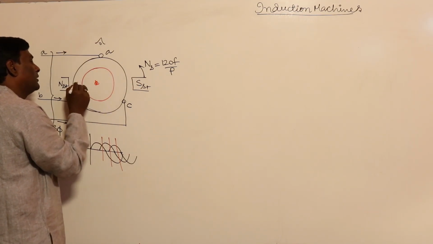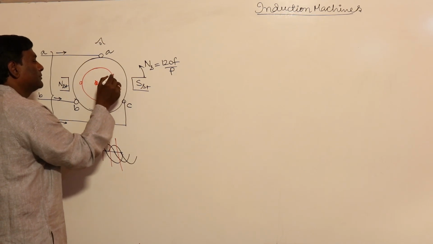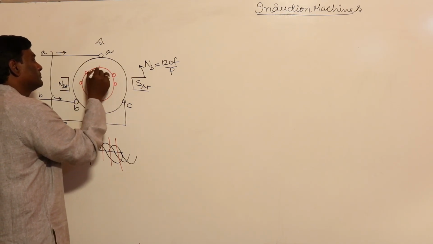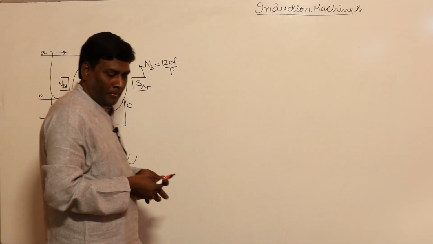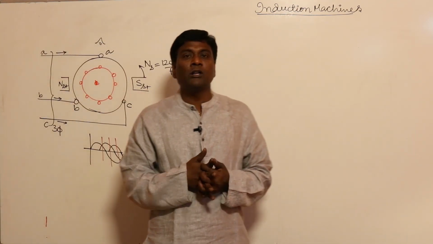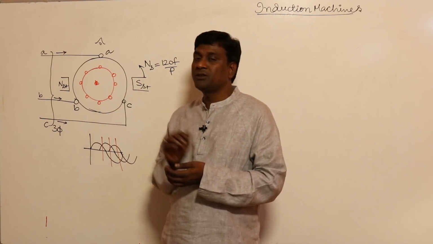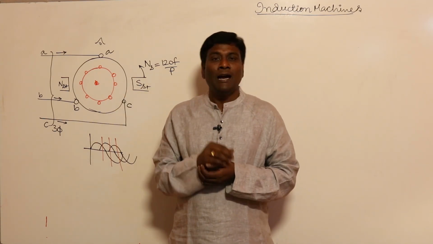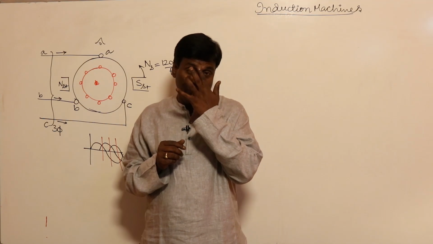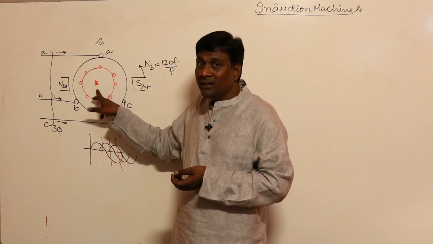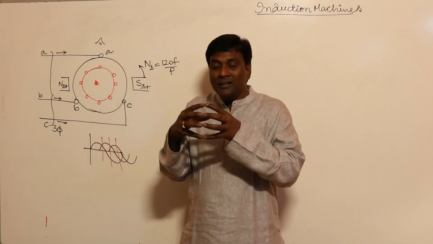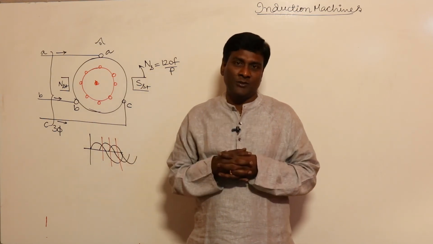In my rotor I am going to have many conductors. If the rotor winding is open circuited, though voltages are induced, currents will not flow. Currents will flow when rotor conductors are closed, like a squirrel cage, for example.